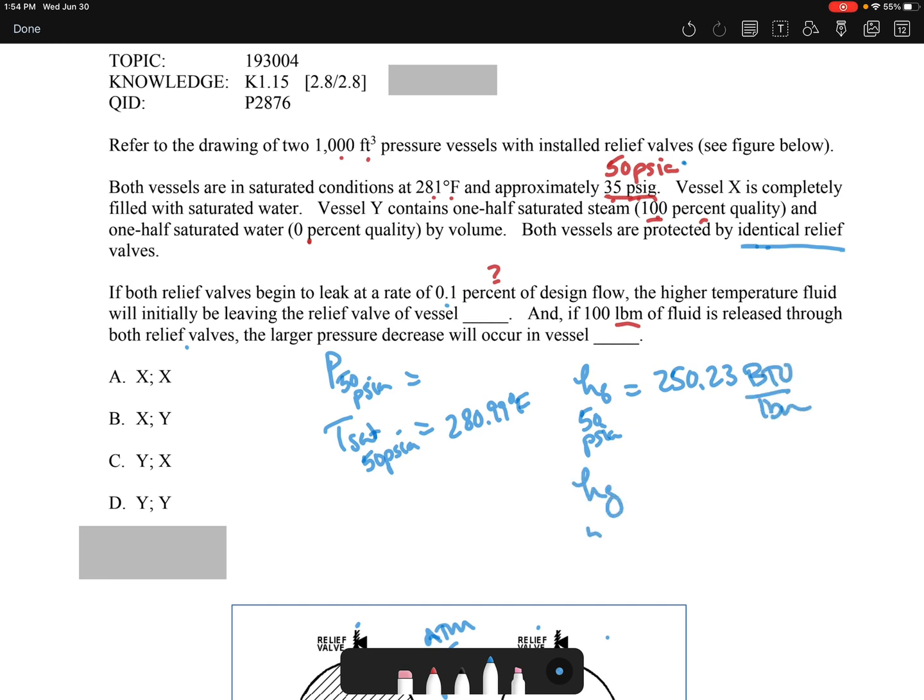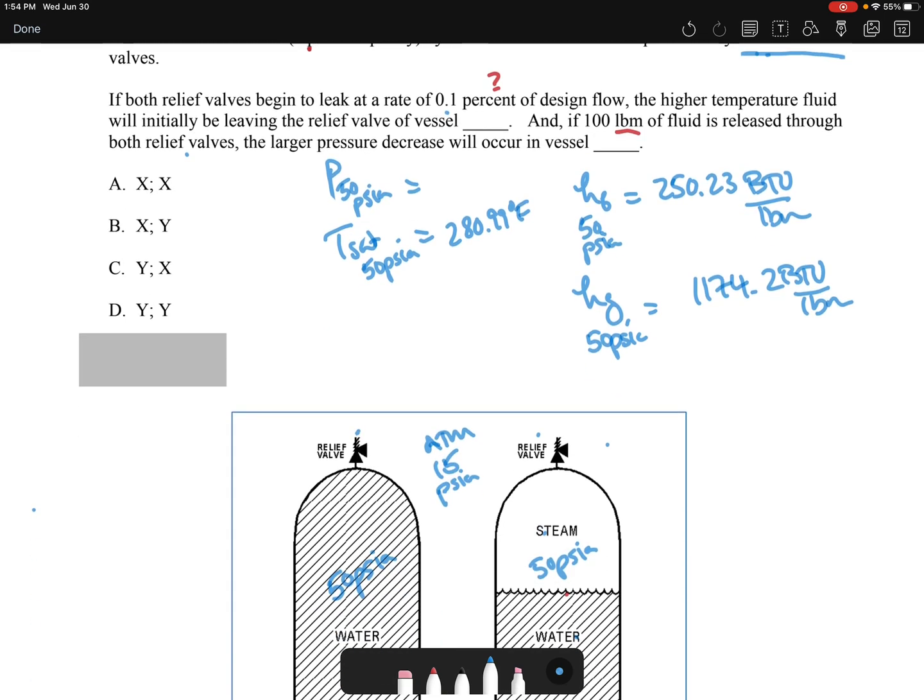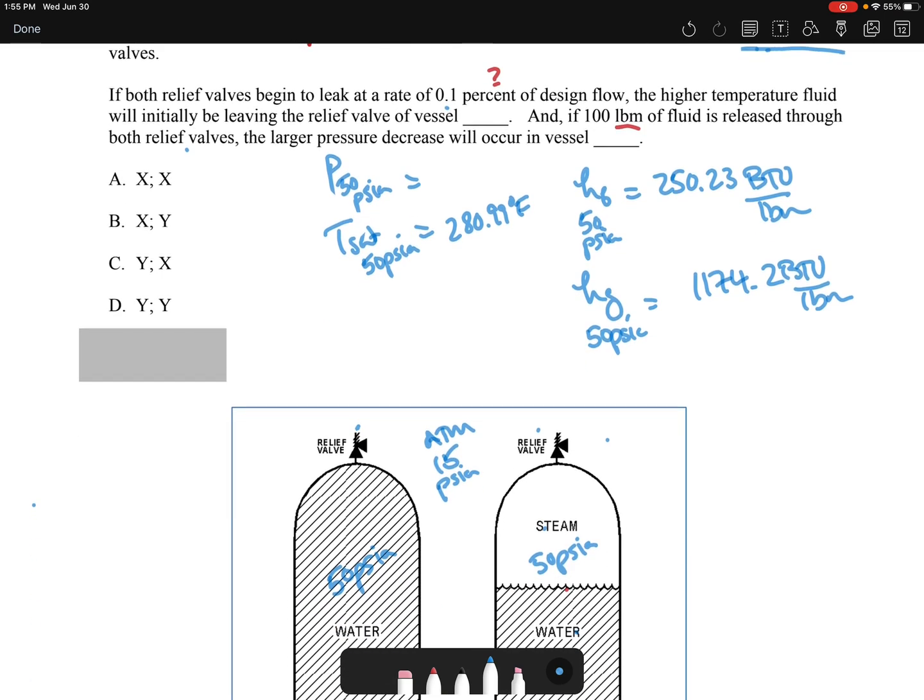And the hg at 50 psia is going to be equal to 1174.2 BTUs per pound mass. So that right there should tell you that you're going to have a hotter tailpiece temperature on the steam side. So steam leaking is hotter than water leaking because it has higher enthalpy.